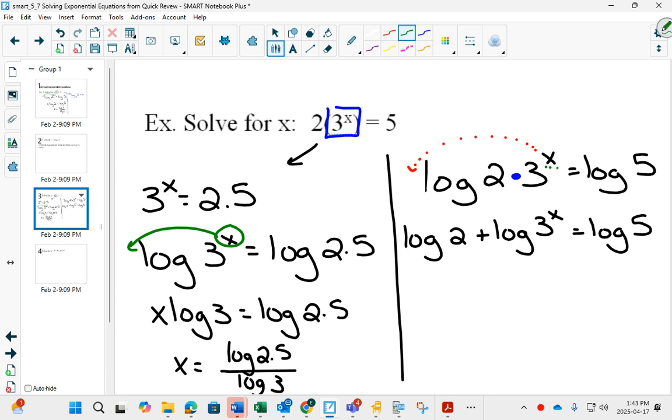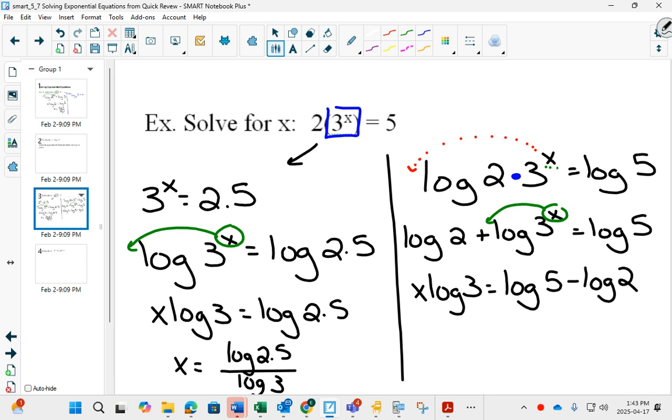And now, this x could come out in front. This is a number, log 2, so I'm going to move it to the other side. I'm going to move that x out in front of the log 3. Move that log 2 over, and now I could get x by itself by dividing by log of 3.